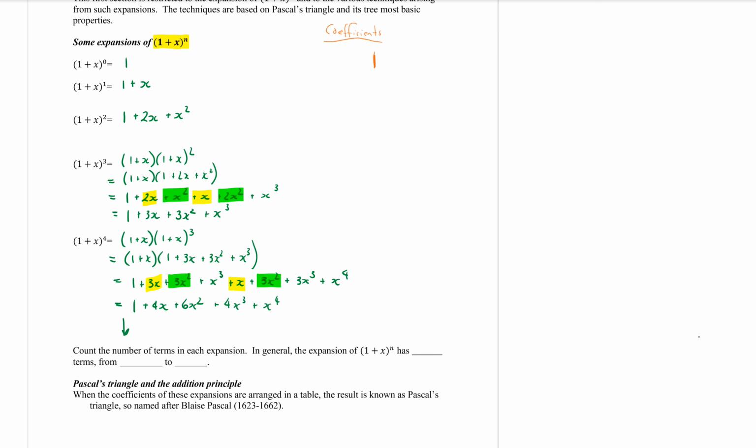So that would be a 1 and a 1. In the third expansion, I have a 1, 2, and a 1. In the next expansion, it was 1, 3, 3, 1. In the final expansion I did, it was 1, 4, 6, 4, 1.